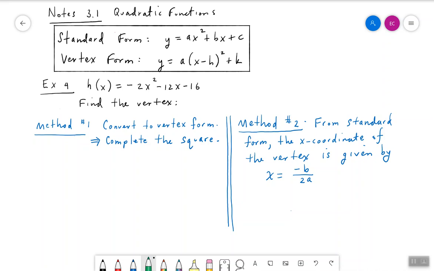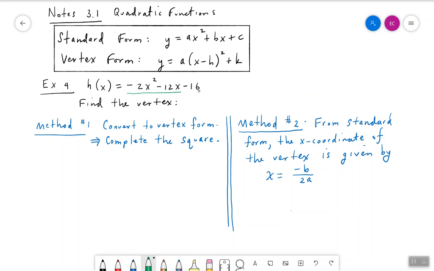Remember, if we're going to complete the square, the coefficient on the x squared has to be 1. And so this negative 2 is in the way, and we need to do something with it. So we're going to group the first two terms together. Those are the terms that we're trying to complete the square on, and we're going to factor a negative 2 out of those two terms.